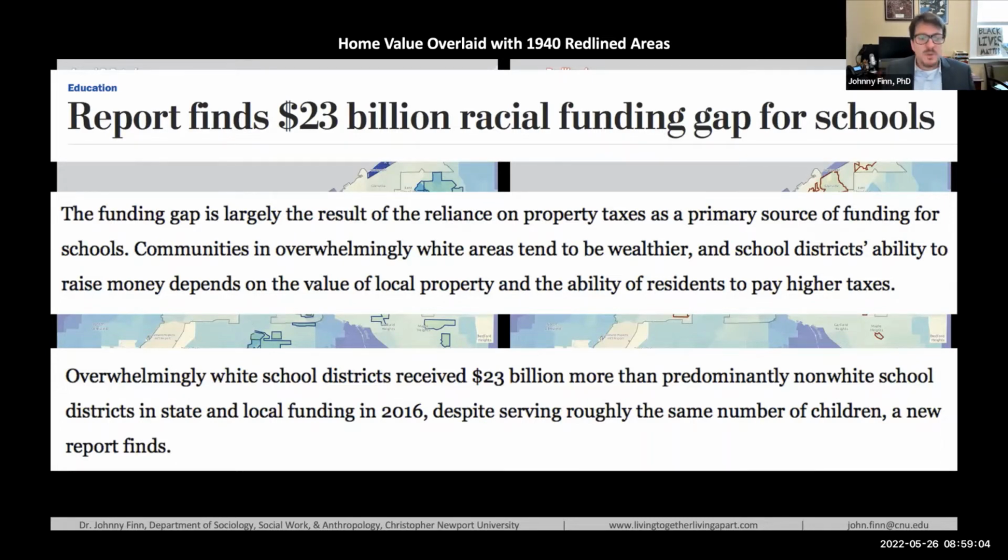There's also a lot of new research in the last five, six, seven years tying these historical discriminatory practices from our past to environmental and health inequality in the present.